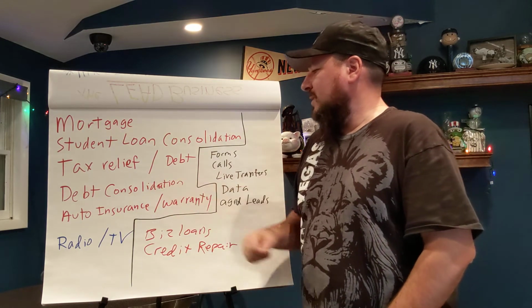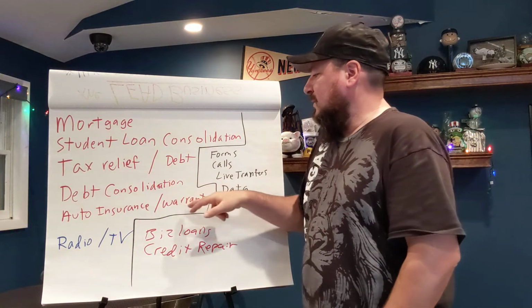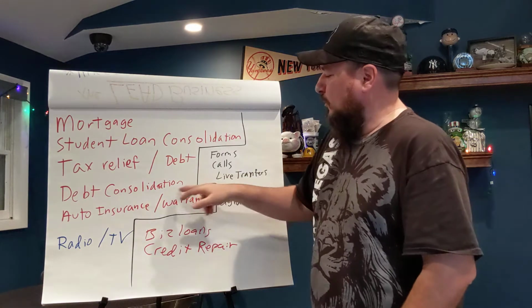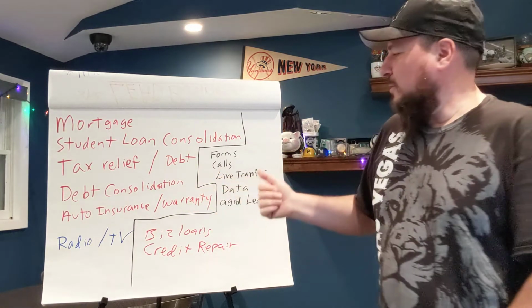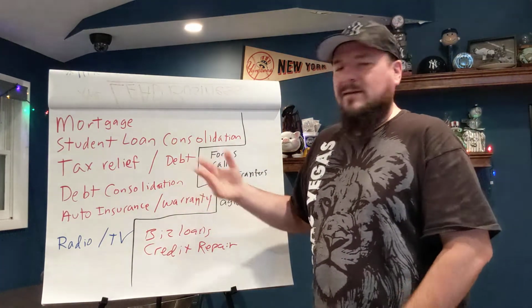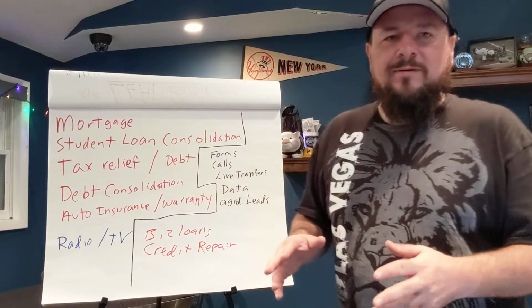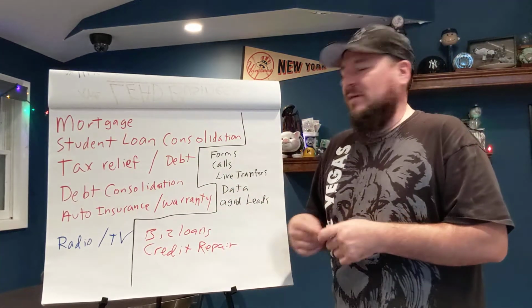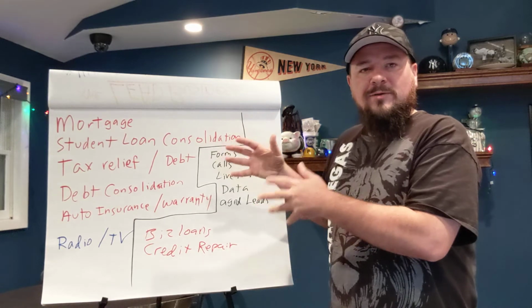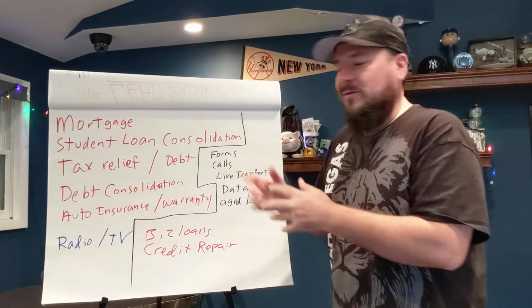Maybe debt. I never really did too much in auto insurance or auto warranty. I would probably do auto warranty more than auto insurance. Again, there's buyers everywhere. I'm just saying these are the easy ones to get going, but they all work. There's plenty of buyers across all the verticals.